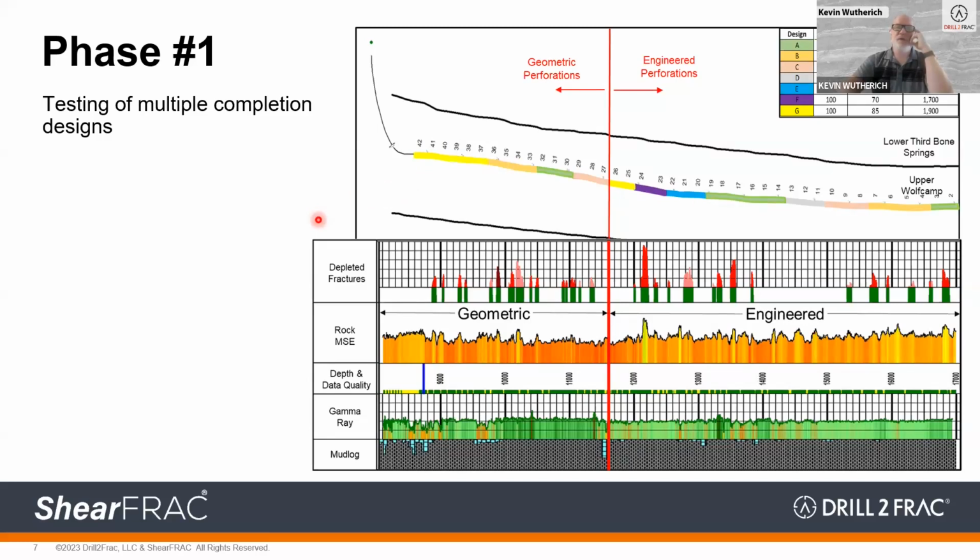So the first phase of this project was really to look at multiple completion designs. And we have a list of all the different completion designs up here, and you can see that they're color coded. They did everything from 80 barrels a minute up to 100 barrels a minute.